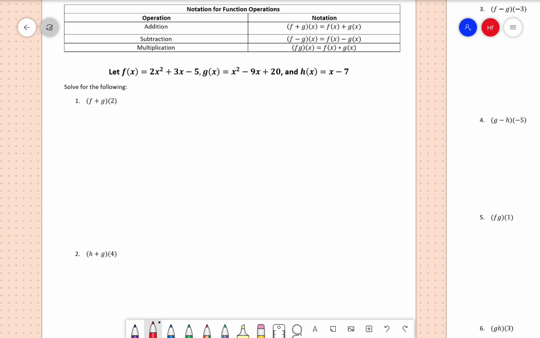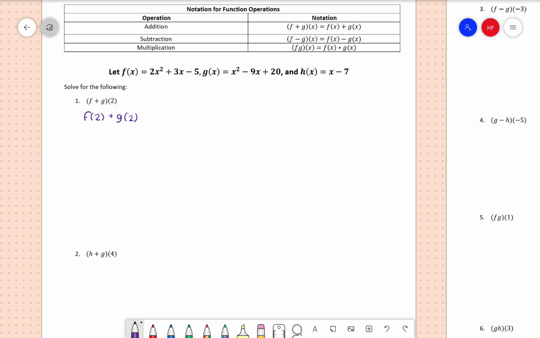So that means if we look back at our table, we're going to be taking f of 2 and adding g of 2. Remember when we say f of 2, that means we're replacing every x with a 2.